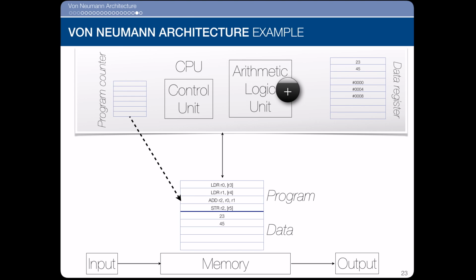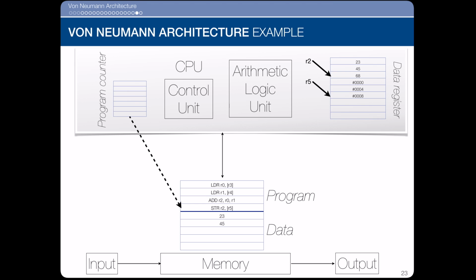As you can see now, the program counter points to the third instruction, and now we can add that 23 to that 45. The result is 68, and we write the result into the register R2, the third register. And now the last instruction is to store that 68, that value that we have in R2, into the main memory at the address given by the value in the register R5.